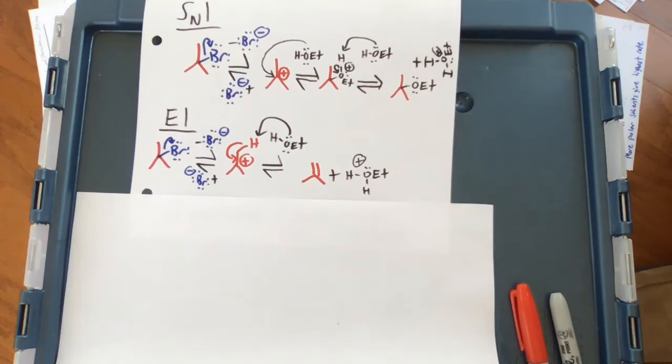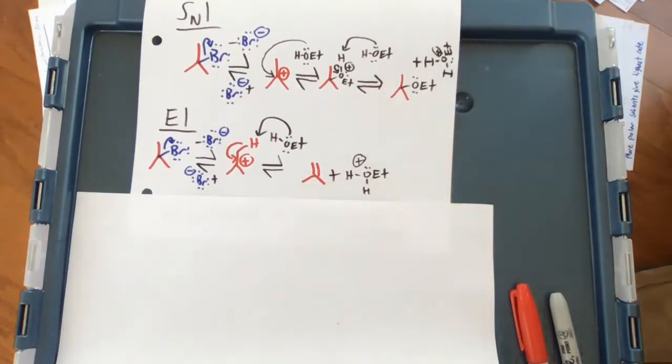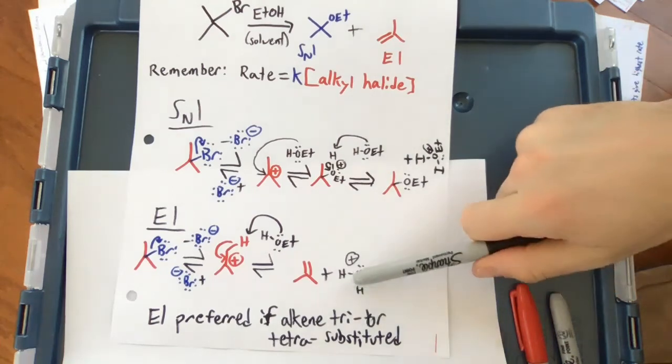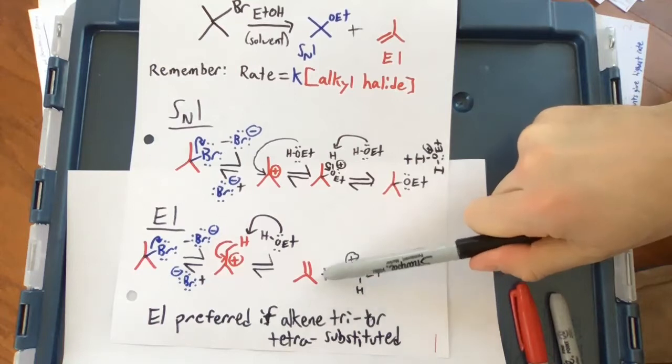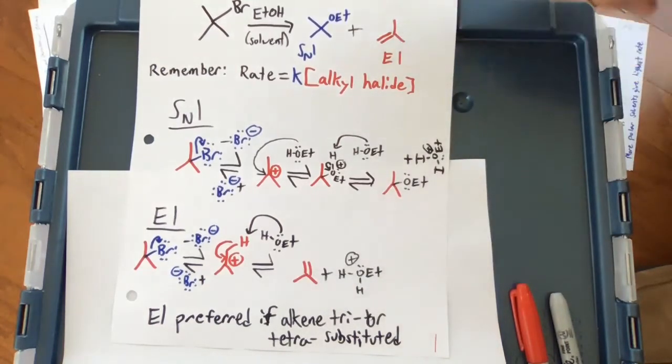And doing that, you again get your protonated solvent to make the E1 product. And it's important to note here that the E1 product is preferred if the alkene is tri or tetra substituted. So for this specific example, the E1 reaction here would be preferred, making this product the major product that we see.